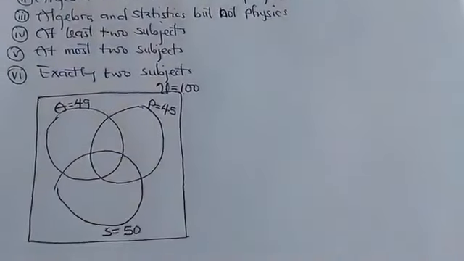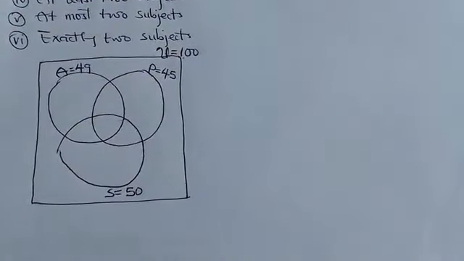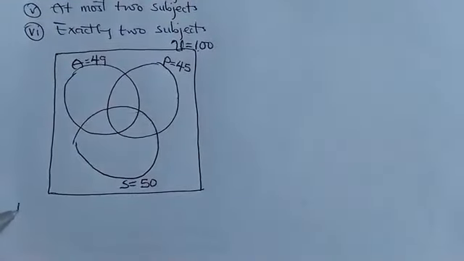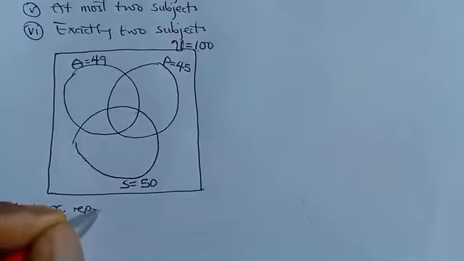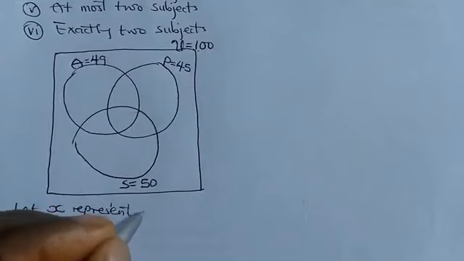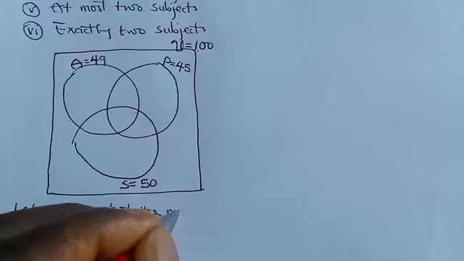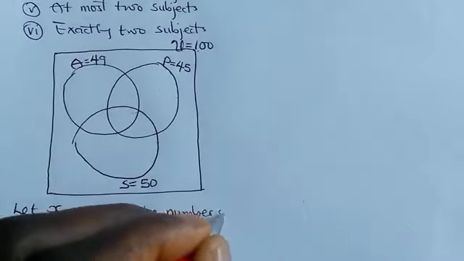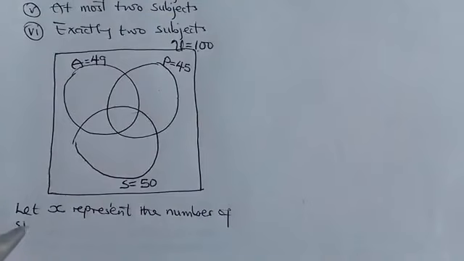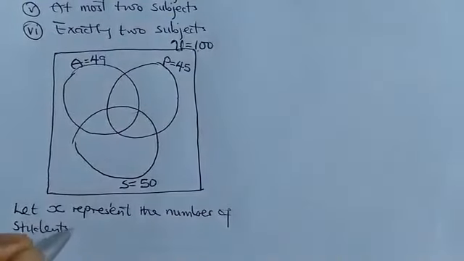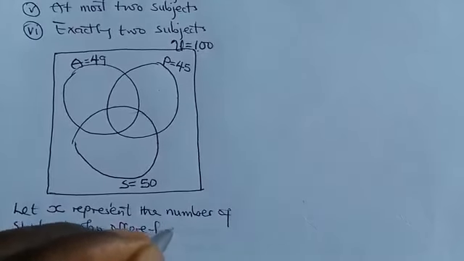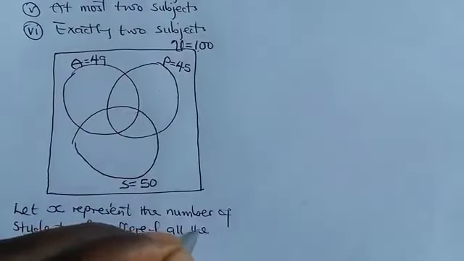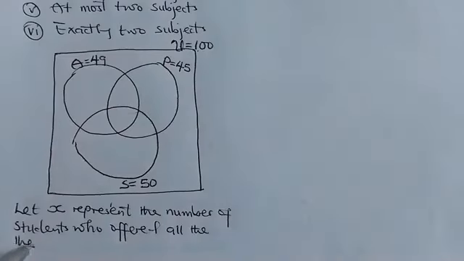So before we can represent the information further on this Venn diagram, let X represent the number of students who offered all the three subjects.